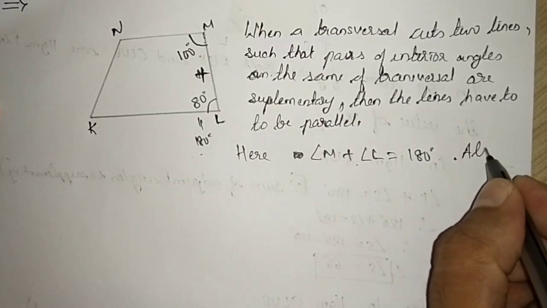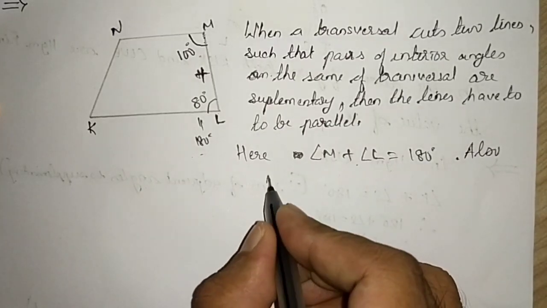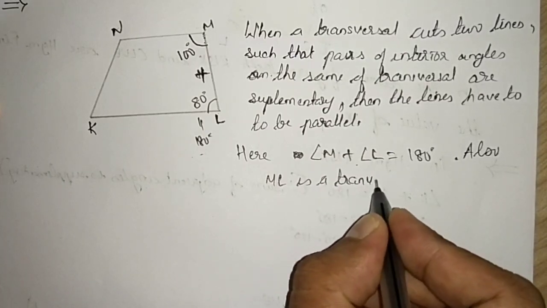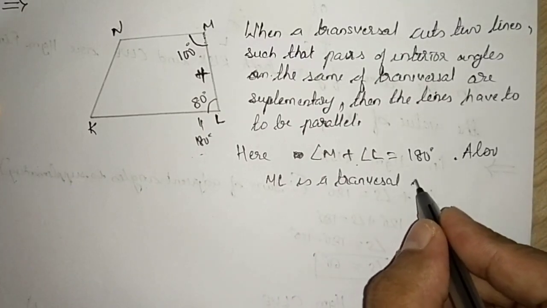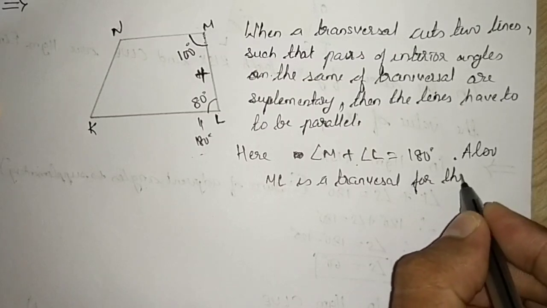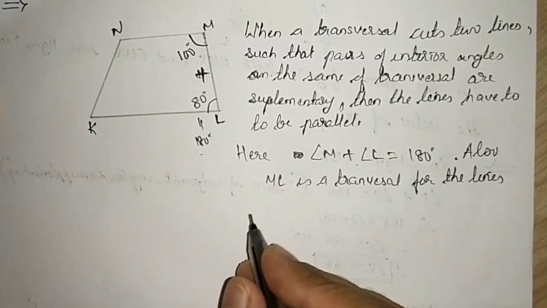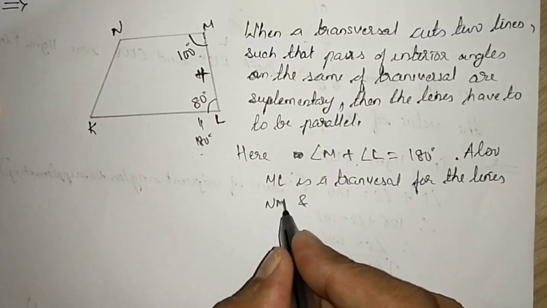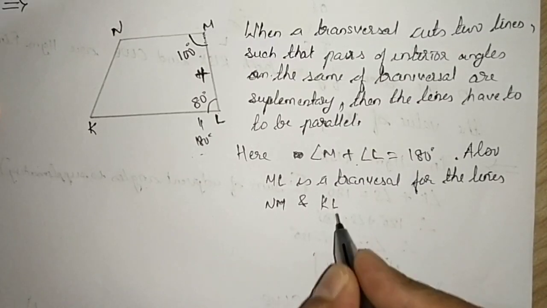Also ML is a transversal for the lines NM and KL.